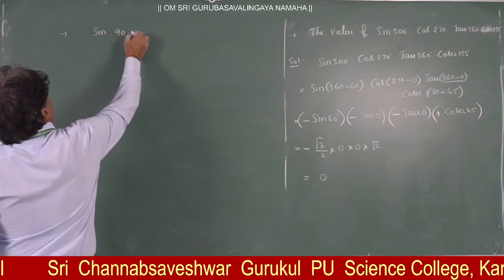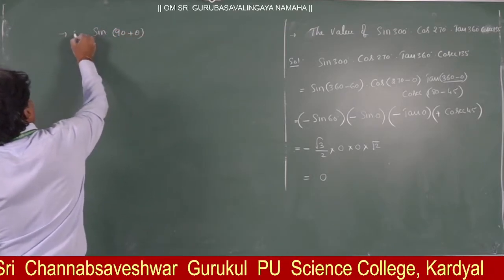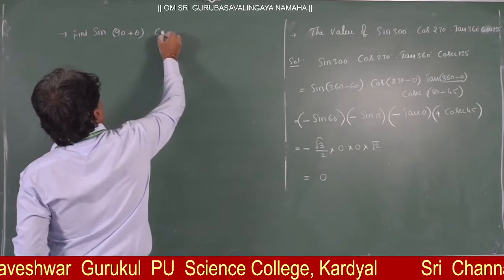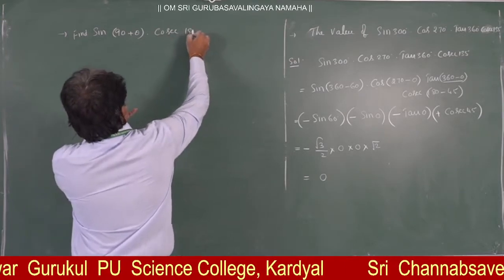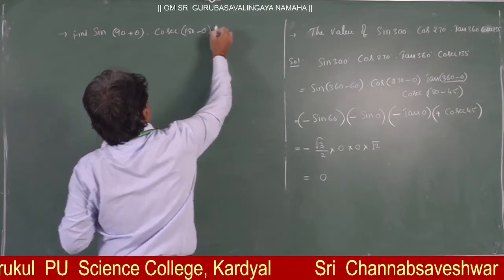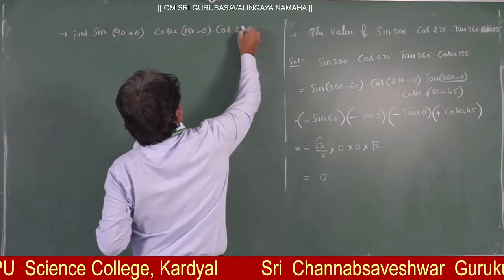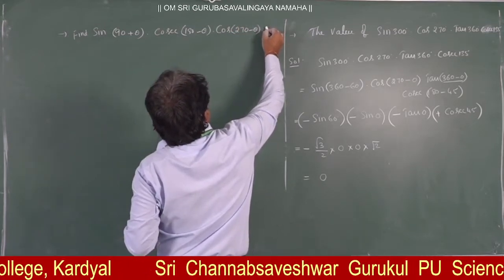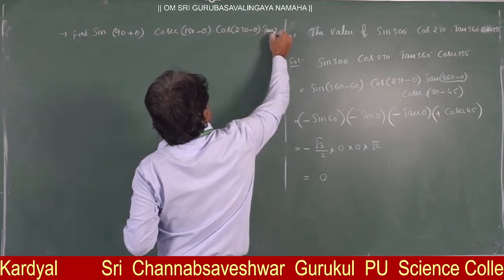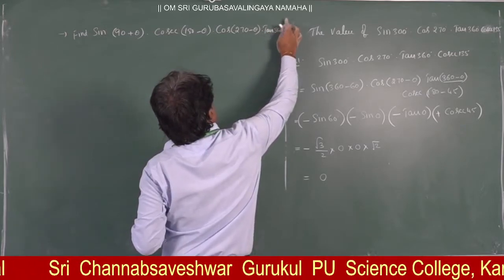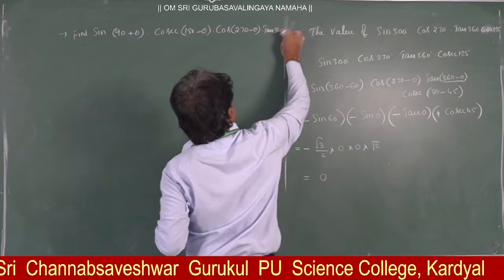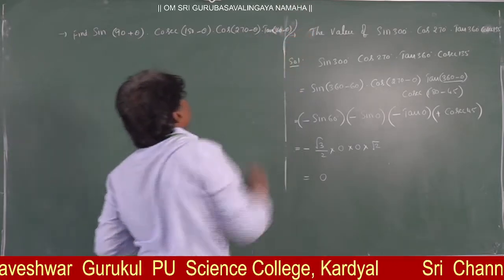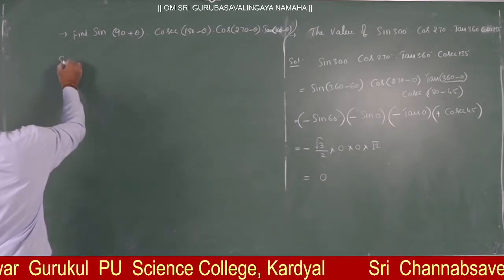Find sin of 90 plus theta into cosecant 180 minus theta into cos 270 minus theta into tan 360 minus theta.